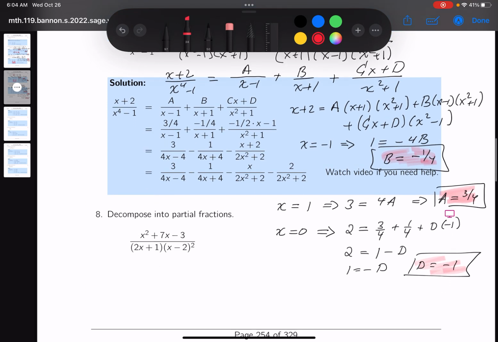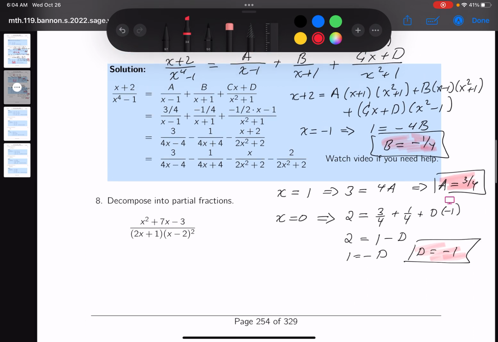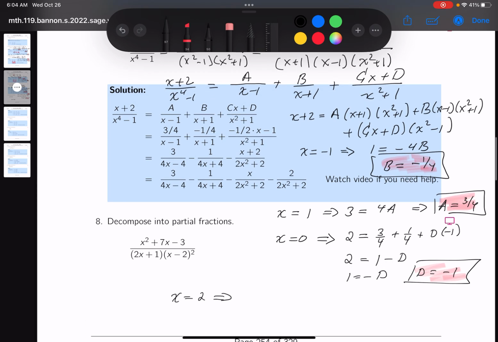And I guess we've got to figure out C now, right? I've got to pick another number. Just to remind you, the numbers I've picked so far are minus 1, 1, 0. I guess I could pick 2. Let's put down x equals 2. What does this give us? On the left you get 4. Now let's be careful here.